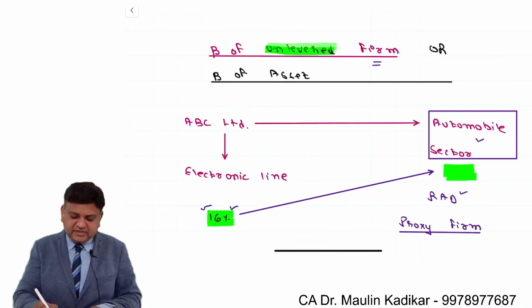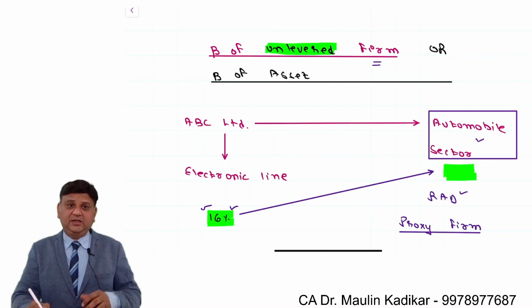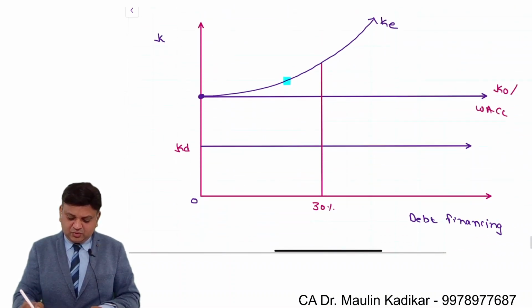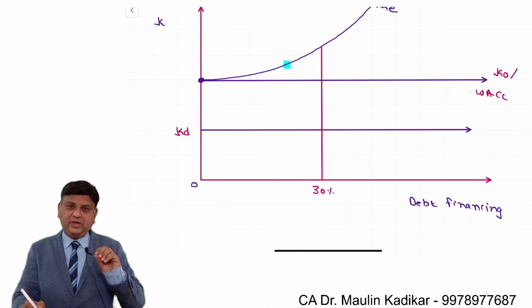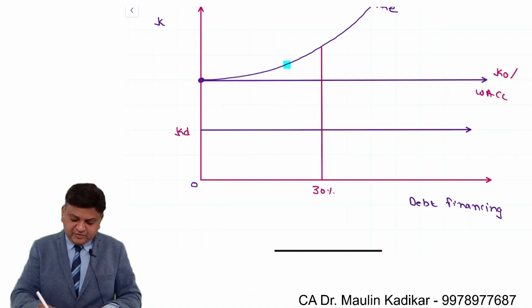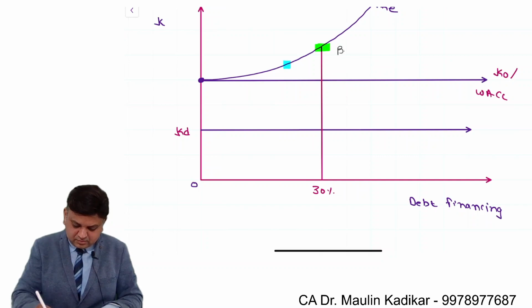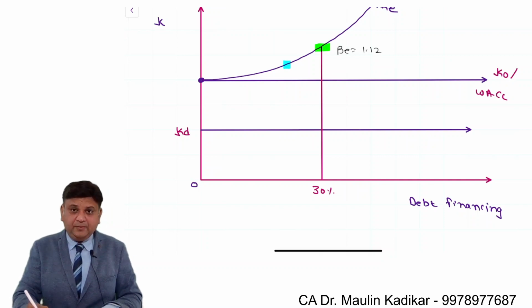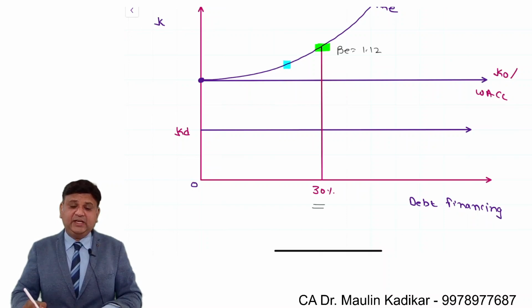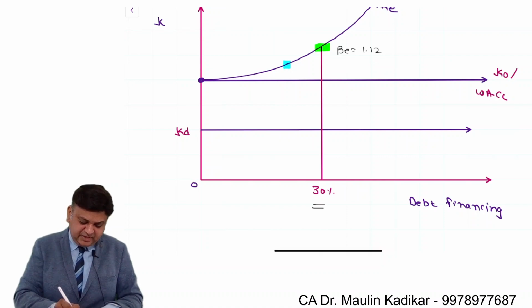The term unlevered stands for no debt financing. So what we will do, dear students, taking into account the beta of the levered equity, that is 1.12, and the proportion of the debt financing in the capital structure, we will compute the beta of unlevered equity.